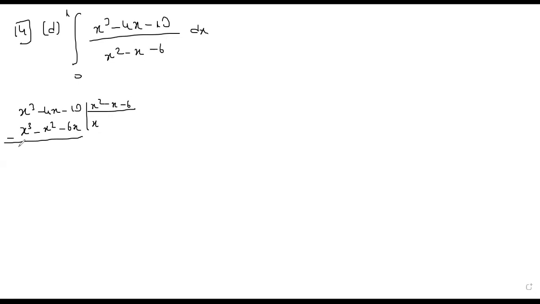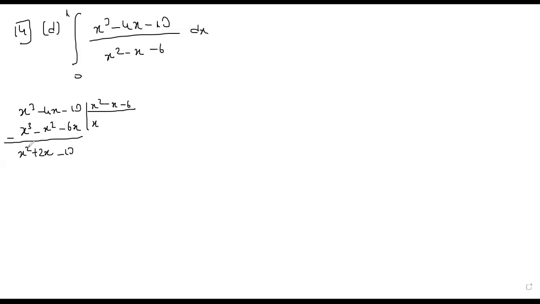Now we subtract that. What do we get? These are cancelled. What about this? Minus 4x. No, sorry. Here we have minus 6x. If you multiply it by minus, you will get plus 6x. You have here minus 4x, so you will get 2x, right? And we have before x squared, so this we have minus 10.